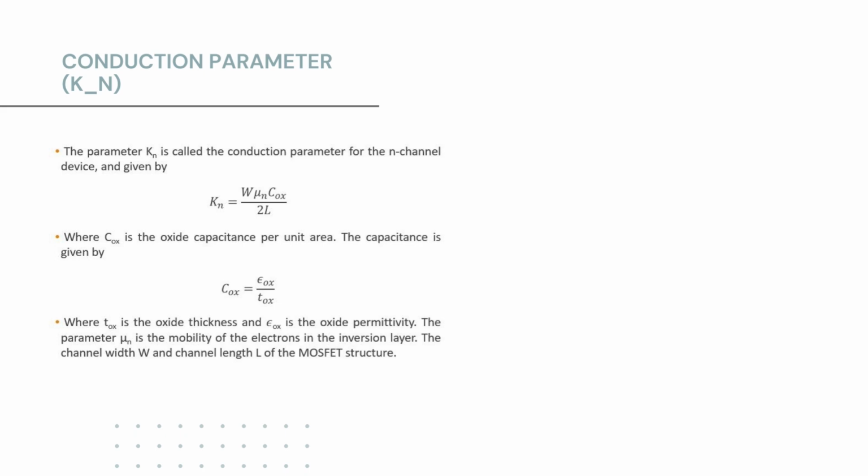If we vary the thickness of the oxide, the capacitance will vary, where Tox is the oxide thickness and epsilon ox is the oxide permittivity. The parameter mu n is the mobility of the electron in the inversion layer, and W and L are the channel width and channel length of the metal oxide semiconductor field effect transistor structure.